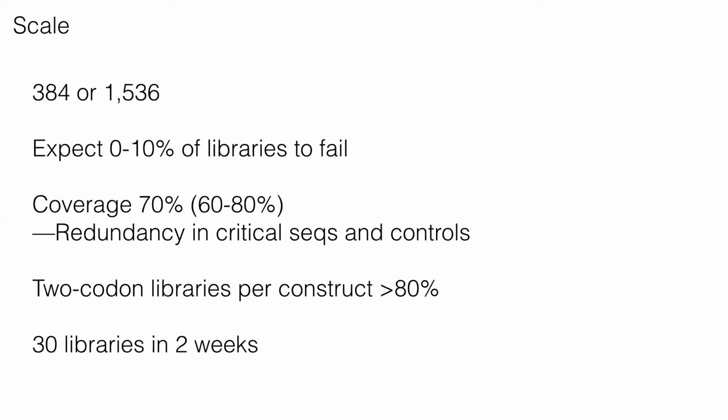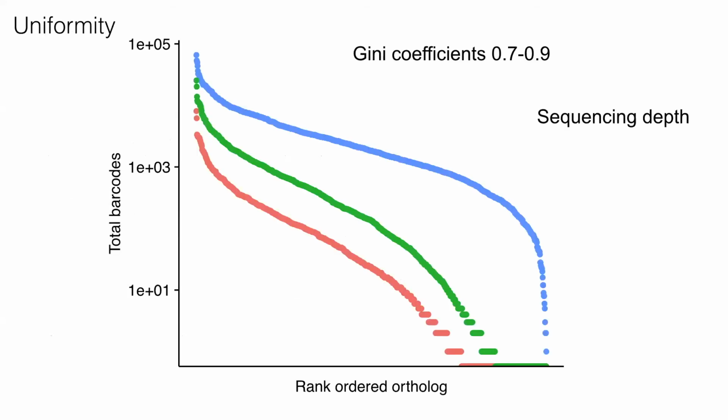Something that's realistic for a person to do is about 30 libraries in 2 weeks. It's a very busy 2 weeks, and that doesn't include NGS characterization, but that gives you an idea of the time scale involved at these particular scales.